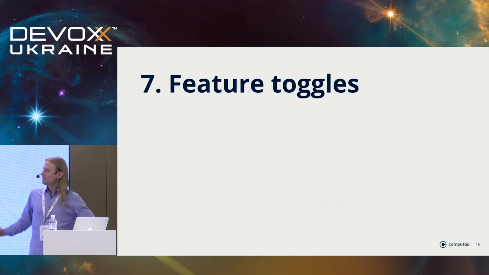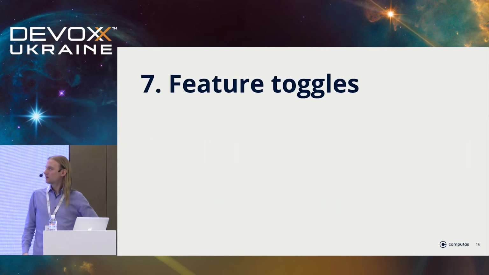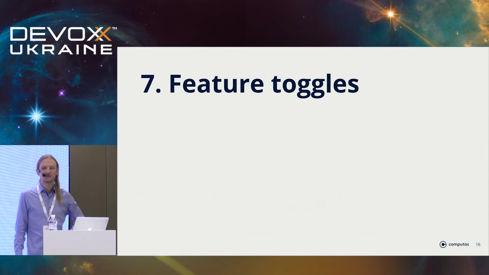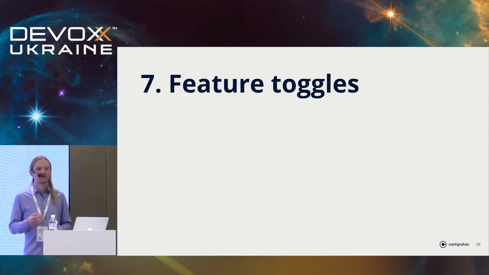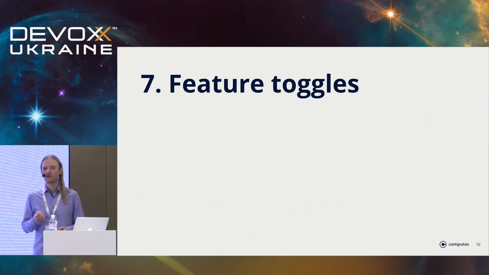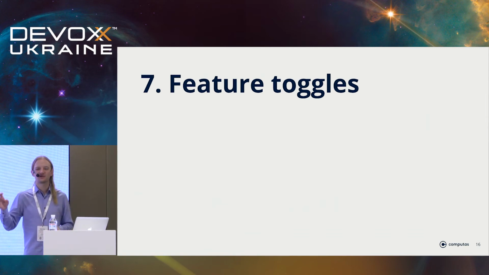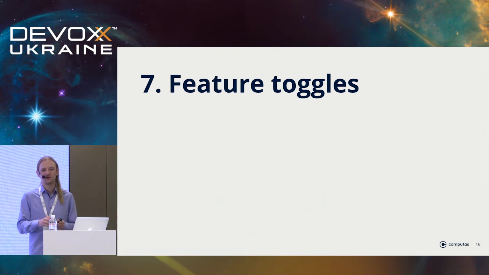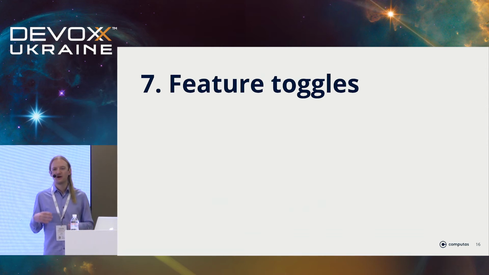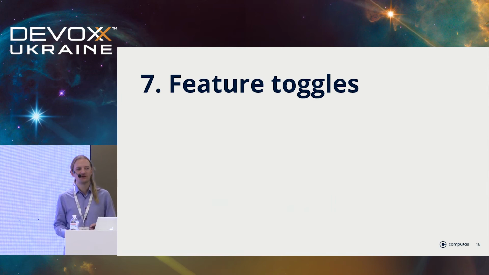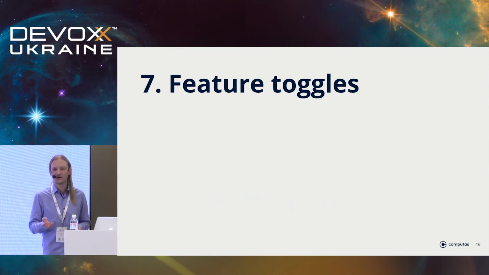All right, tip number 7 to test your code, feature toggles, right? And this is kind of a trade-off, like feature toggles usually are. Because with a feature toggle, you can say that if this and this condition is met, then do this. Otherwise, do this. And it can be fine for A/B testing, for introducing new functionality gradually.